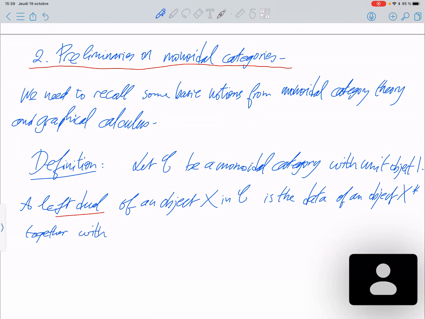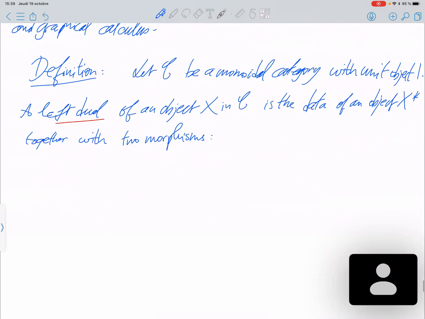So an evaluation map and a co-evaluation map.